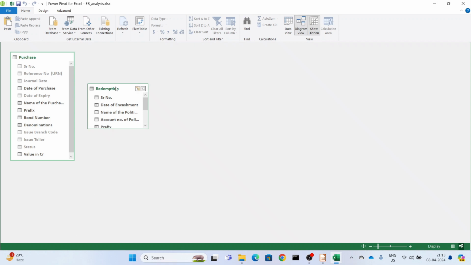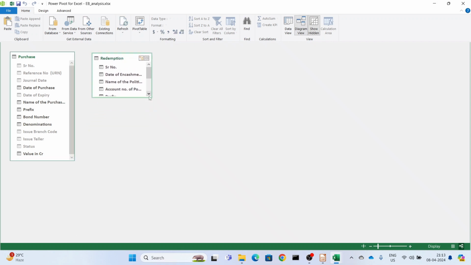Now in diagram view, we find two tables, one of purchase and one of redemption. In redemption, there are serial number, account number of the political party, which is not completely given and hidden for reasons of secrecy, pay branch code and pay teller.